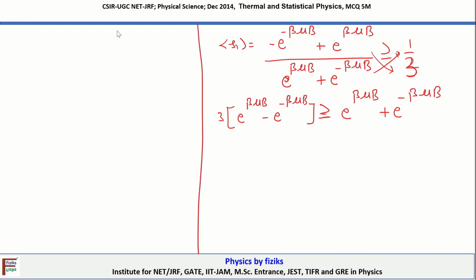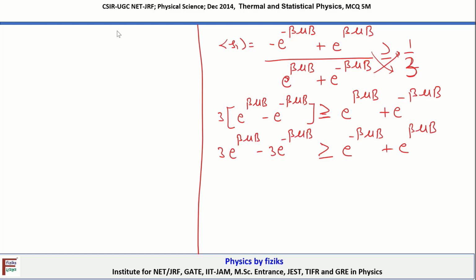Or it turns out to be 3e^(beta mu b) minus 3e^(minus beta mu b) greater than or equal to e^(minus beta mu b) plus e^(beta mu b). I have interchanged the terms. Bringing the terms with similar exponent to one side, we obtain 3 exponential beta mu b minus exponential beta mu b.